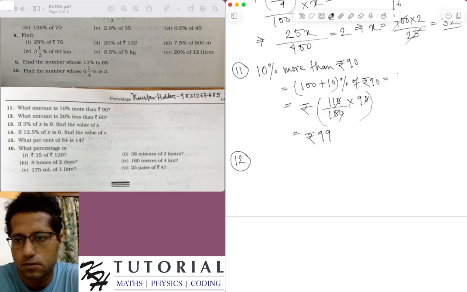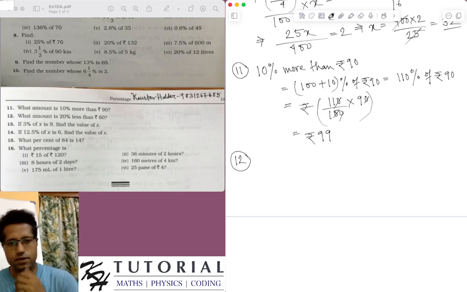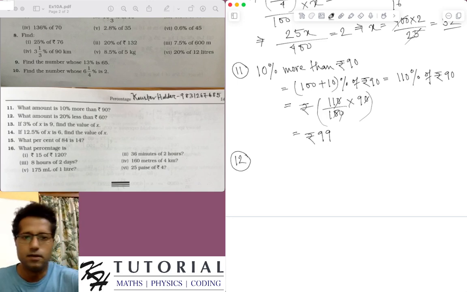This equals 110% of rupees 90. Now question number 12 is saying, what amount is 20% less than rupees 60.